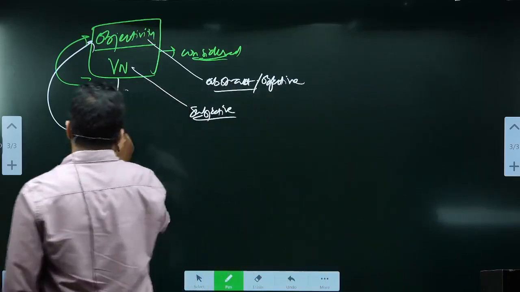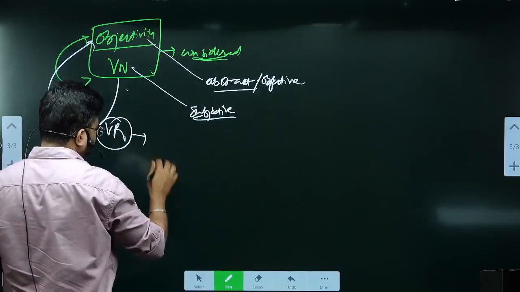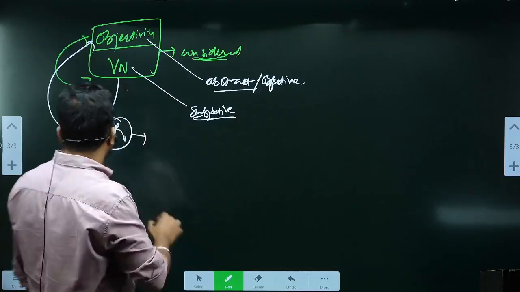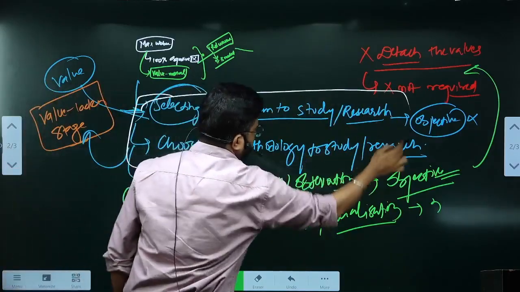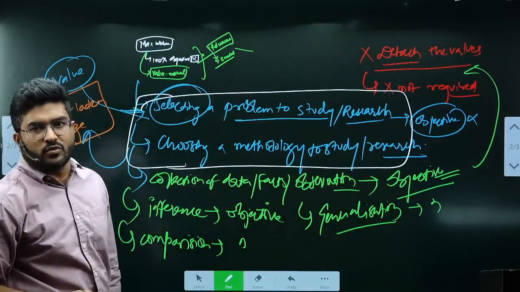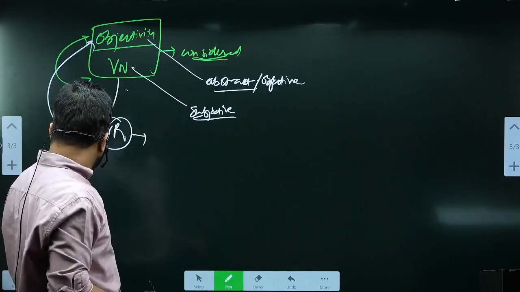Then there is value relevance, which is nothing but giving importance to values at the important stages wherever they are needed. For example, these two stages when we talked about Max Weber's approach.